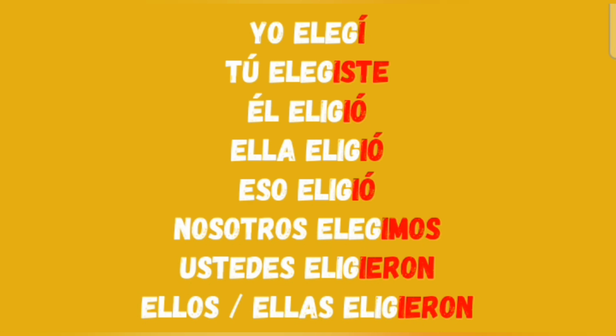Now, if you want to say you chose in the plural form, then you have to say ustedes eligieron. Ustedes eligieron, okay? The root word is the same as in the third persons. Now, if you want to say they chose, in Spanish you have to say ellos eligieron.